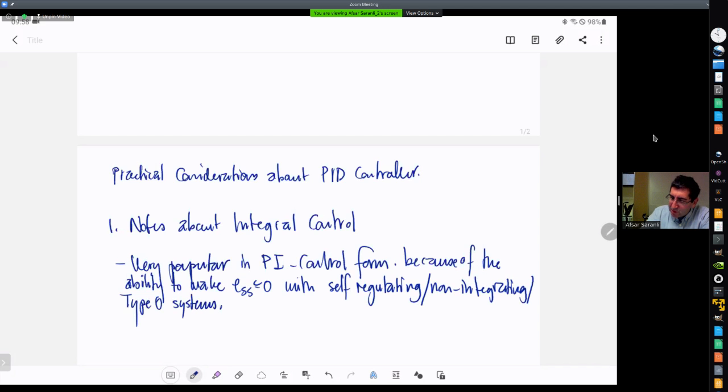Okay, so remember, a self-regulating system is a type 0 system because it basically converges to a steady state value by itself.